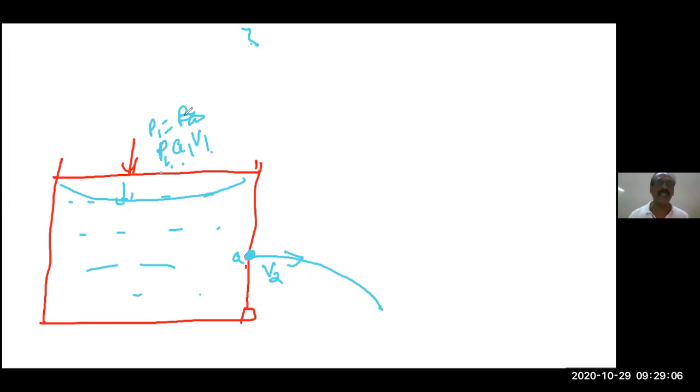So here I can mark PA. Area we can call A1, V1 I'm marking. Now this goes down. Here pressure is again atmospheric pressure, that is P2 is equal to PA, velocity V2, area A2. Is it clear?